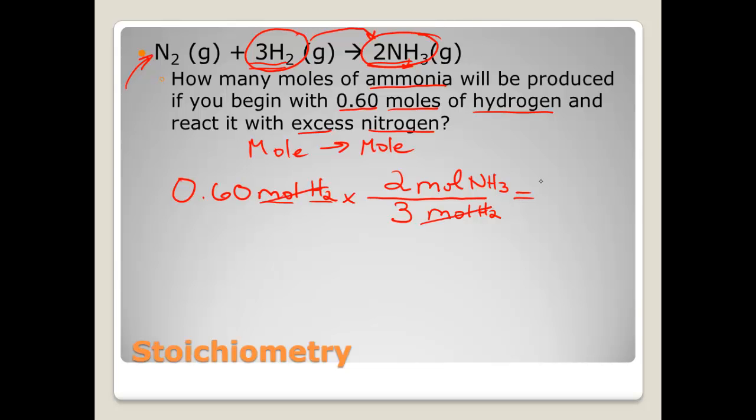So it's basically 0.6 times 2 divided by 3. So it comes out to be 0.4 moles of ammonia. That's how much ammonia we will produce if we start with 0.60 moles of hydrogen.